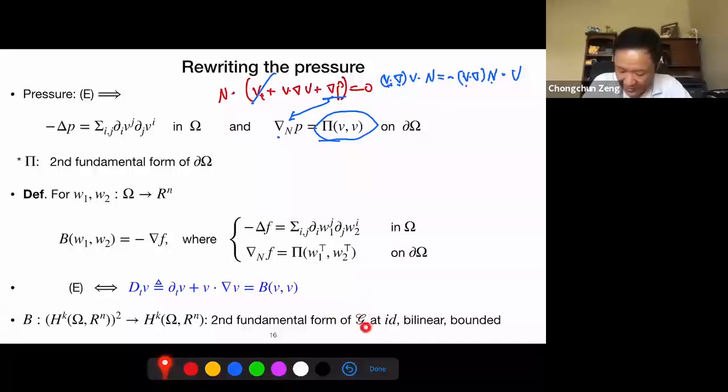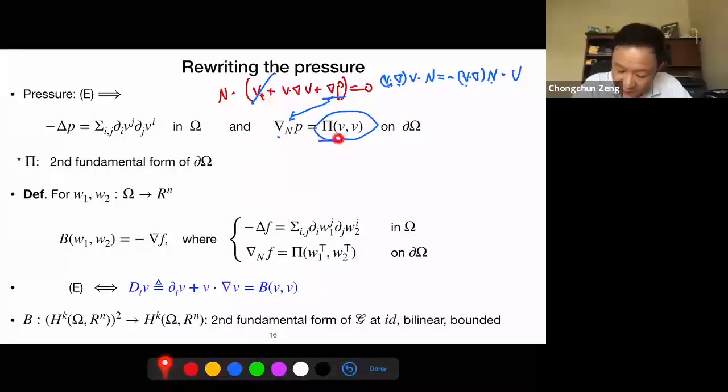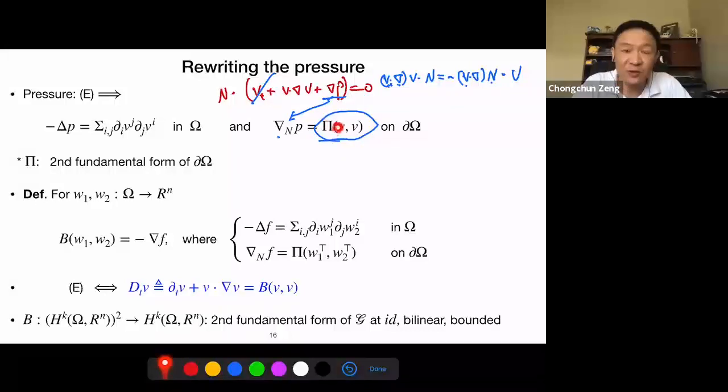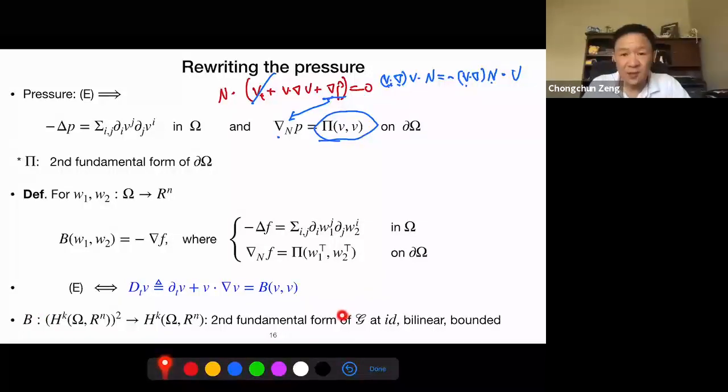And if you evaluate the second fundamental form in the infinite dimensional space at the identity element, then that's exactly this B. Okay, so this calculation involves the second fundamental form of the physical boundary, which is a finite dimensional quantity. And it induces this bilinear bounded transformation, which works as a second fundamental form of the infinite dimensional manifold at the identity element.